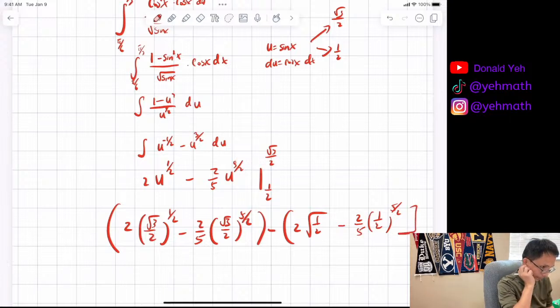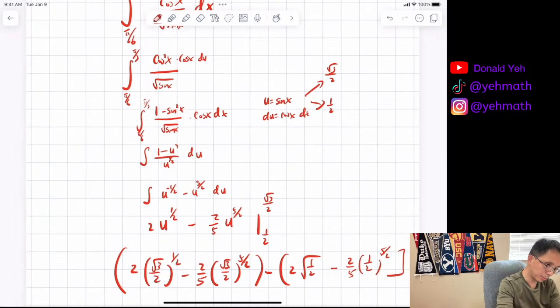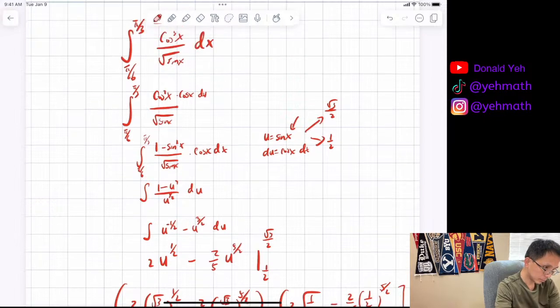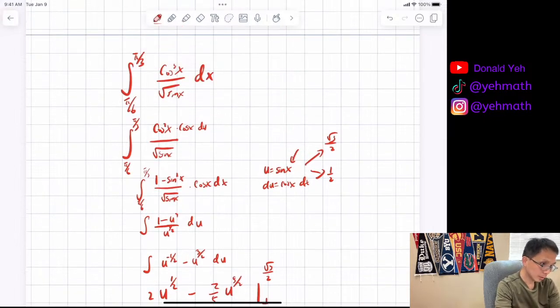Wait, why isn't it the other way around? Like, why isn't it 2 times root 1/2 minus 2 fifths times 1/2 to the 5 over 2, minus 2 root 3 over 2 to the 1/2? Because you plug in pi over 3 here, which is square root 3 over 2. Okay, wait, why is root 3 over 2 on top? It's the upper bound of the function, I plug in pi over 3.